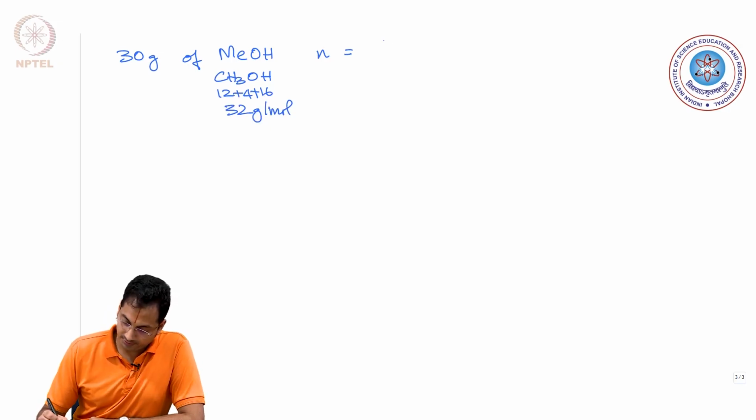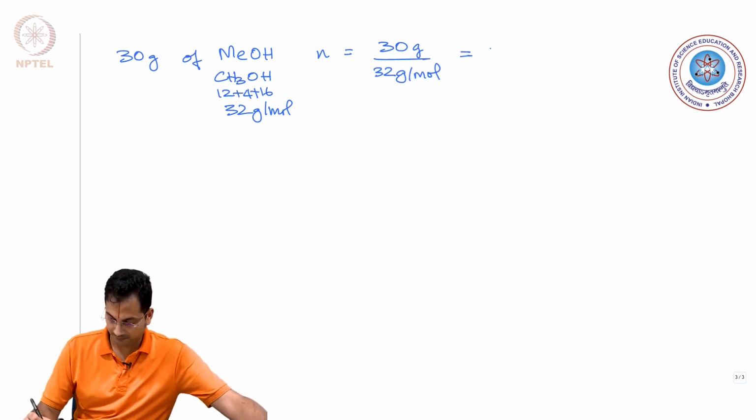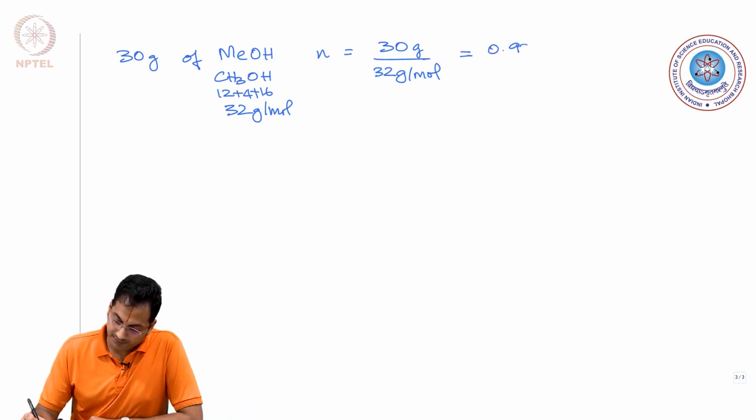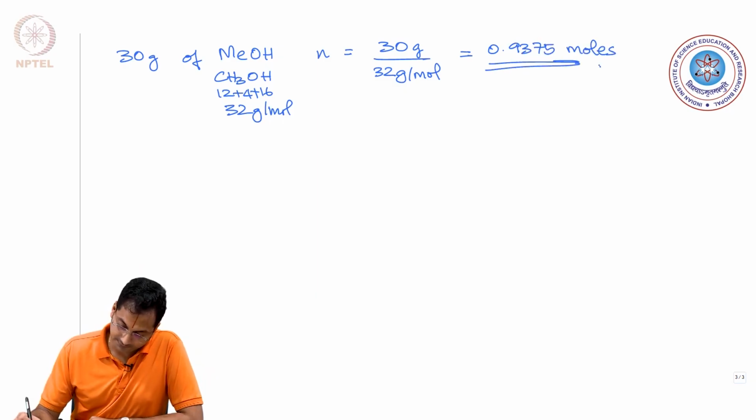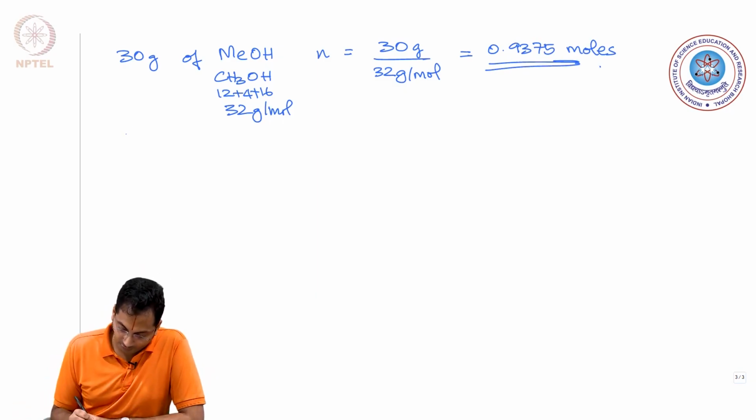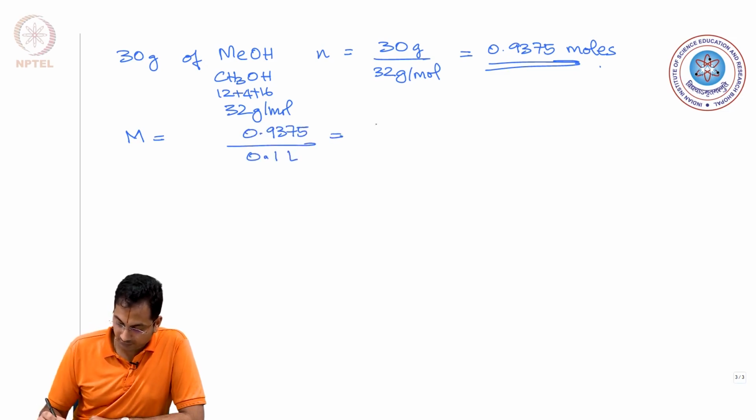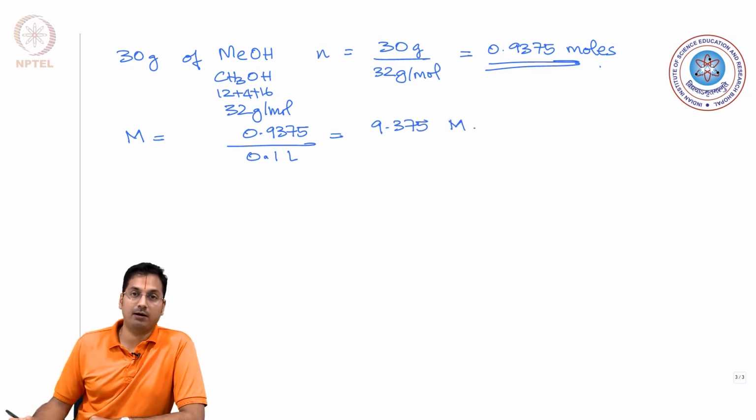So, when you have 30 grams divided by 32 grams per mole, this is going to be equal to 0.9375 moles. So, therefore, the molarity will be equal to 0.9375 divided by 0.1 liters, which is going to be 9.375 molar.